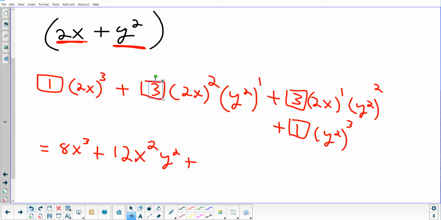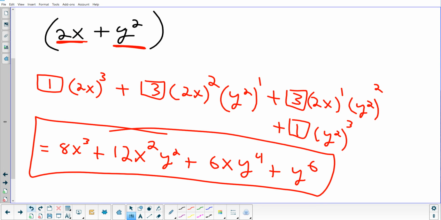Okay, next one. What's my x term going to be? 6x. And what about my y term? Y squared squared, y to the 4th. Yep, y to the 4th. And then my last term, y to the 6th.